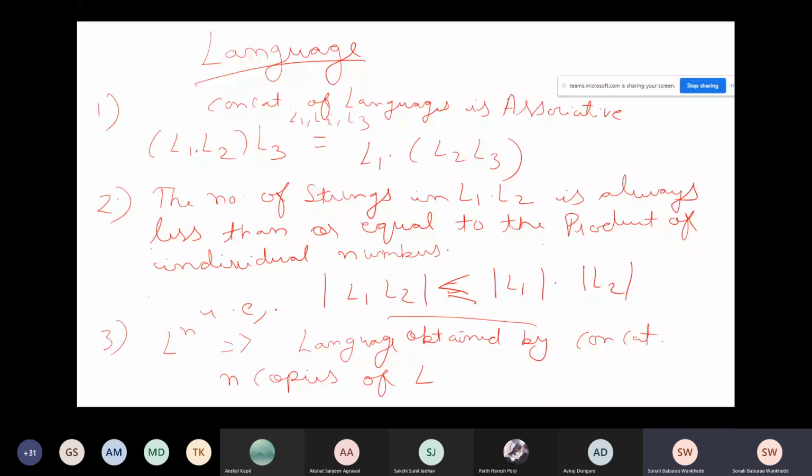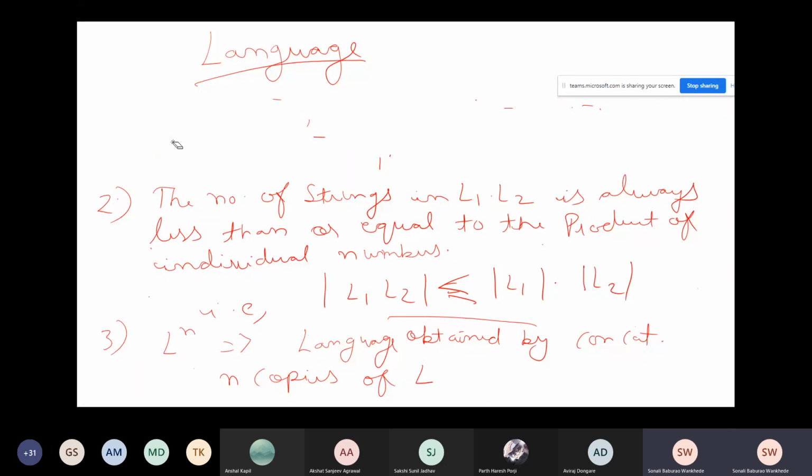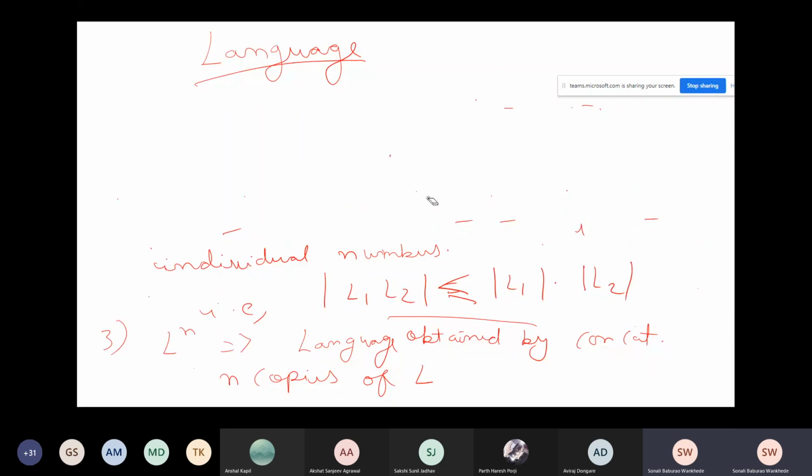The third point is L raised to n is the language obtained by concatenating n copies of L.